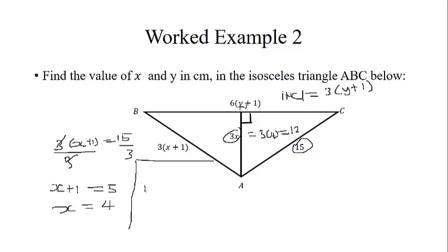So we know that 15 squared, which is the hypotenuse squared, will be equal to 12 squared plus 3 into bracket y plus 1 all squared.